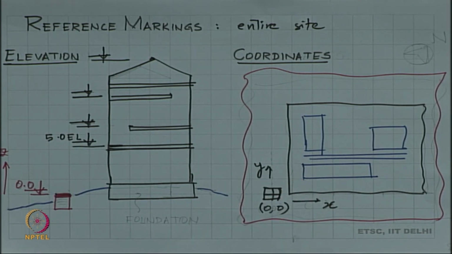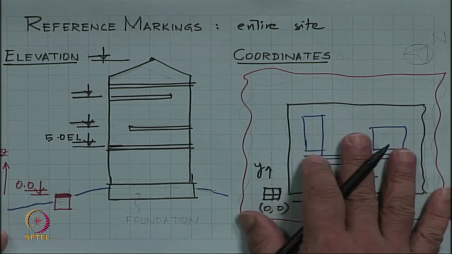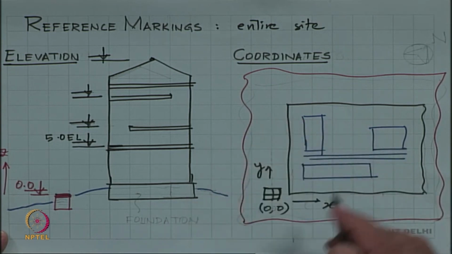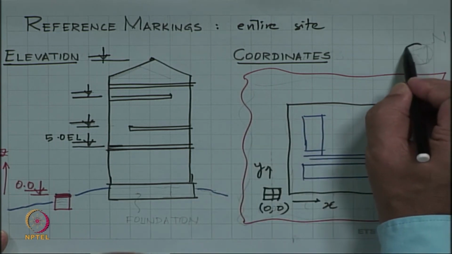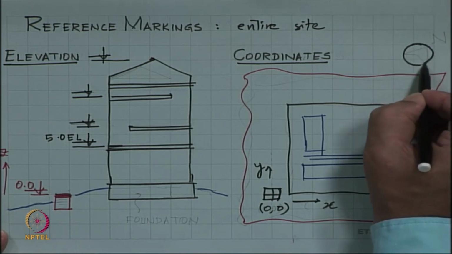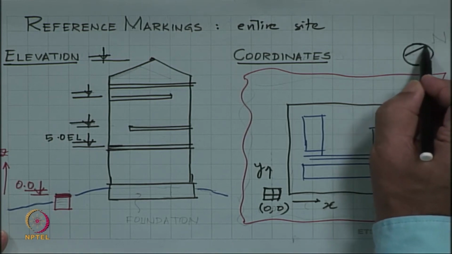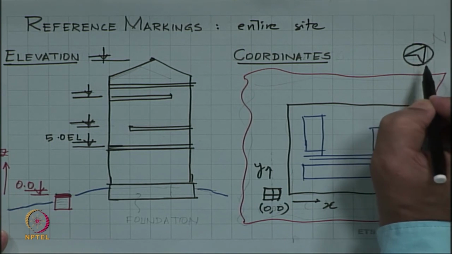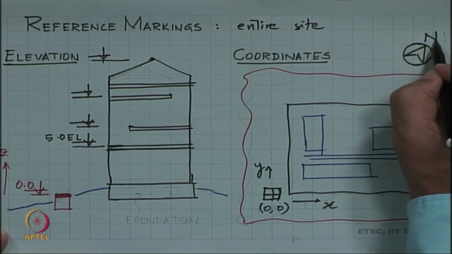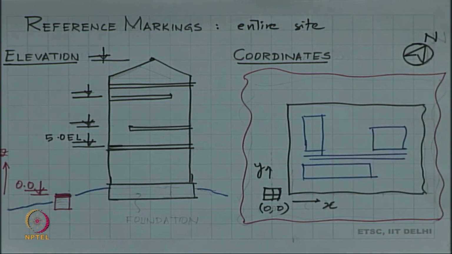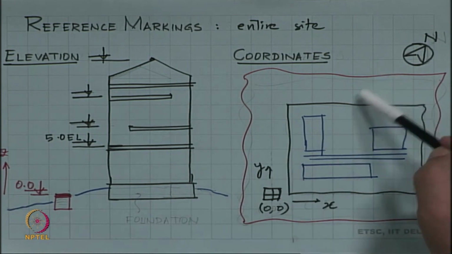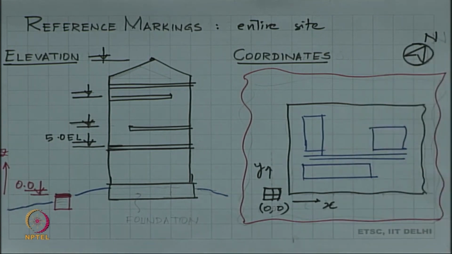One more important thing about civil and architectural drawings is the direction. This was not an issue in mechanical drawings. So, on every drawing there will be a symbol. Some of them could use this type of a symbol and write N. So, that tells you which is the north.